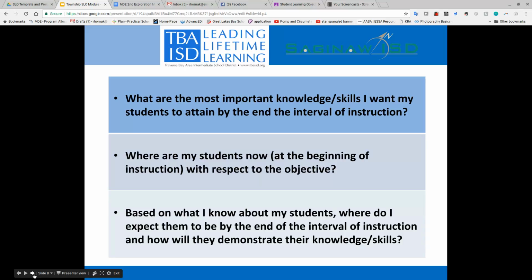The article you're going to read is going to talk a lot about this, because the reality of it is we have different ranges of students with different ranges of ability in all of our classrooms. They are not going to grow the same no matter what type of instruction you do, because they're so individualized. So you really need to know your students and base your objective on groups of students.